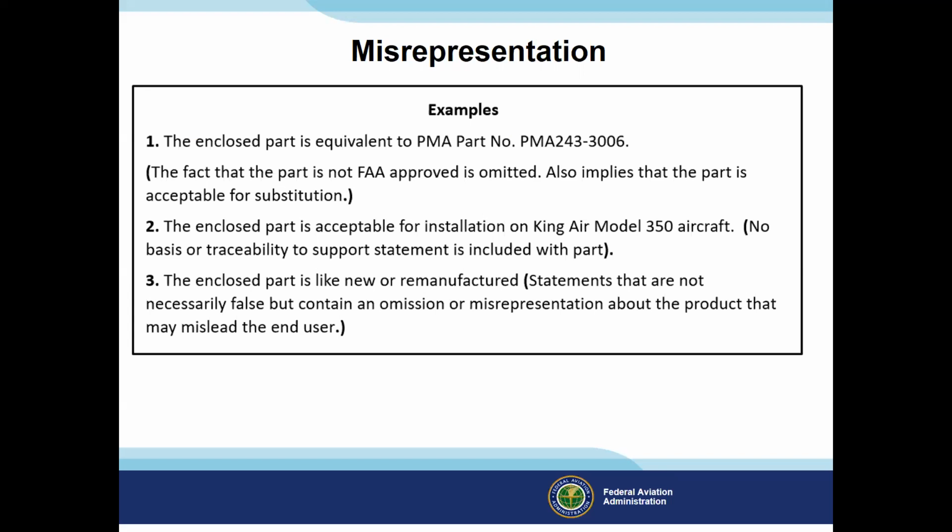The second one: the enclosed part is acceptable for installation on the King Air 350 model aircraft, but no further basis or traceability to support the statement is included with the part. So is it really eligible? And what is the worth of that on a piece of paper? It wouldn't hold water for any validation of its eligibility to be installed on that King Air.